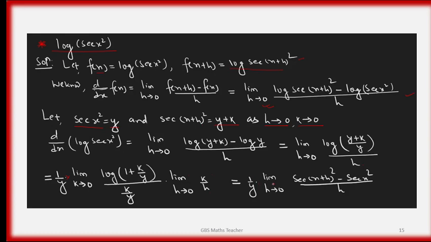Then 1 by y times the limit as h tends to 0 of k, which is sec (x+h) whole squared minus sec x², over h.